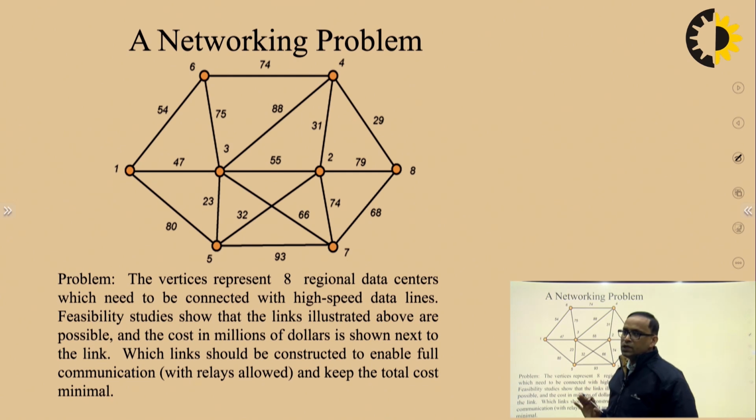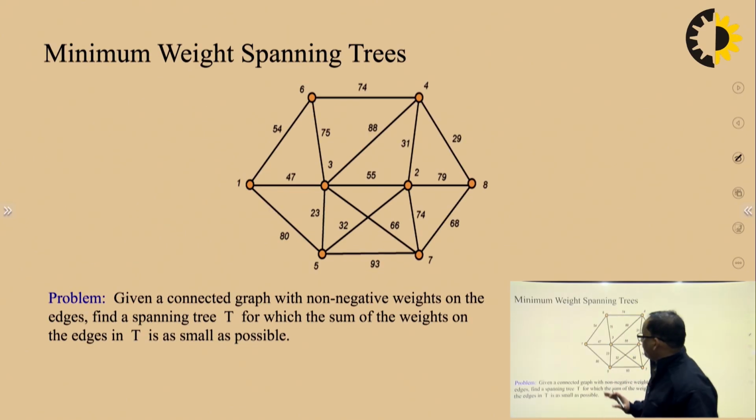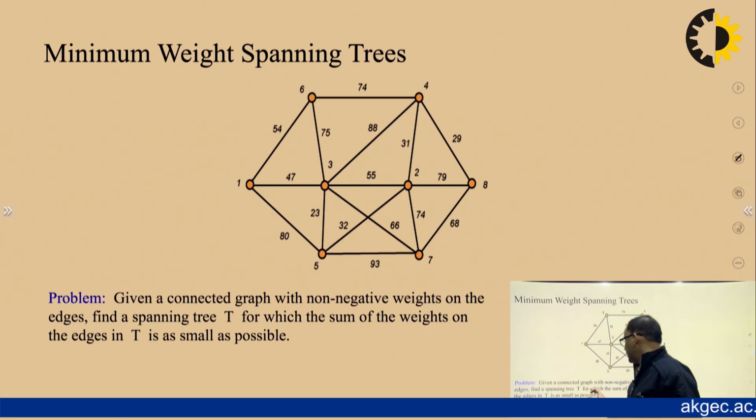This is our objective, and to find the minimum spanning tree, two algorithms are used, Kruskal's algorithm and Prim's algorithm. So, this is the graph, and given a problem, what is the problem? As I already told, given a connected weighted graph with non-negative weights on the edges, we have to find a tree for which the sum of weights on the edges in the tree is as small as possible.